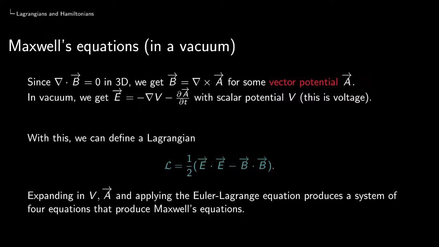I'm sure the physicists will dispute the exact verbiage of that, but that's in short the idea of it. And if you expand it out in terms of V and A and apply the Euler-Lagrange equations, you're going to get back Maxwell's equations. Now, I'm not going to show that here, but that's one thing you can do with it. That would take a fair amount of time.